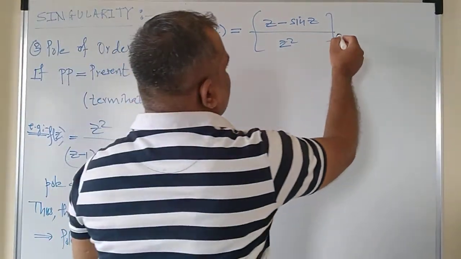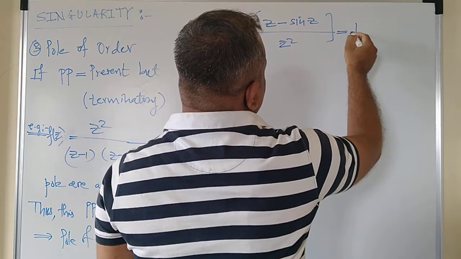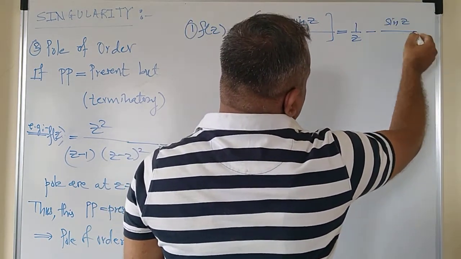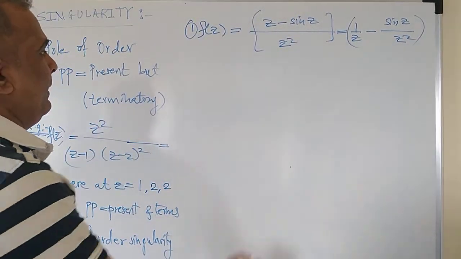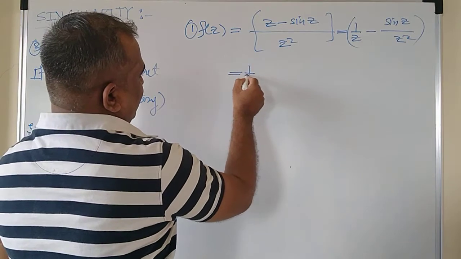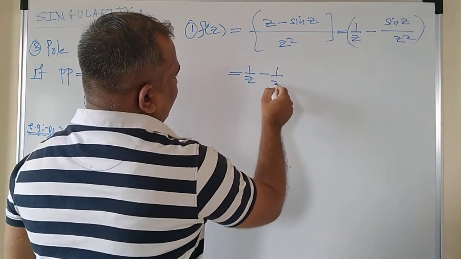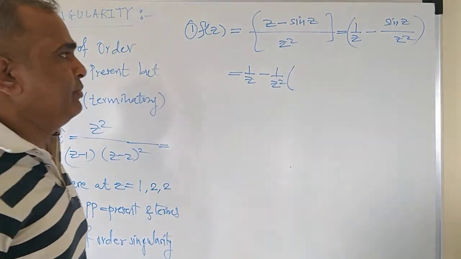So this example I can write in this way: (z minus sin z) by z square, that is 1 upon z square outside the bracket, and sin z can be expanded.